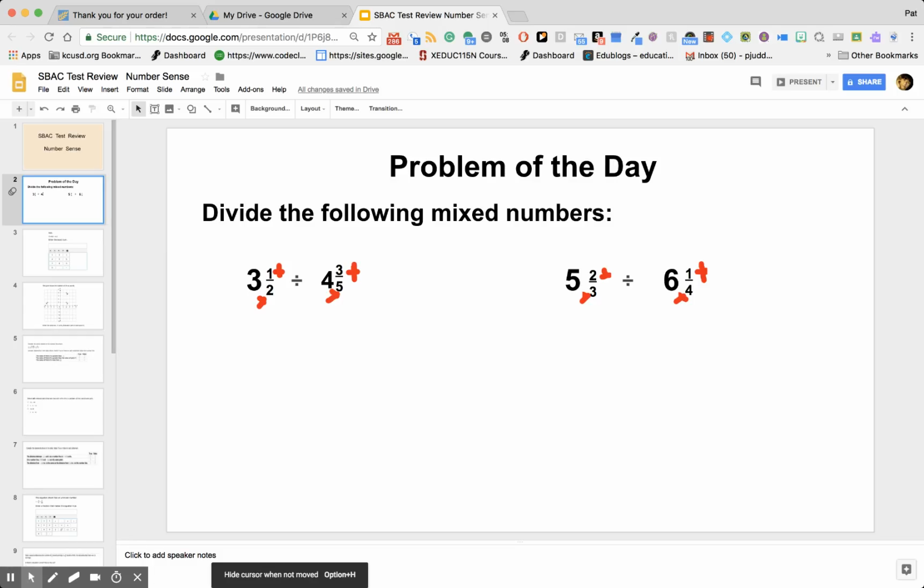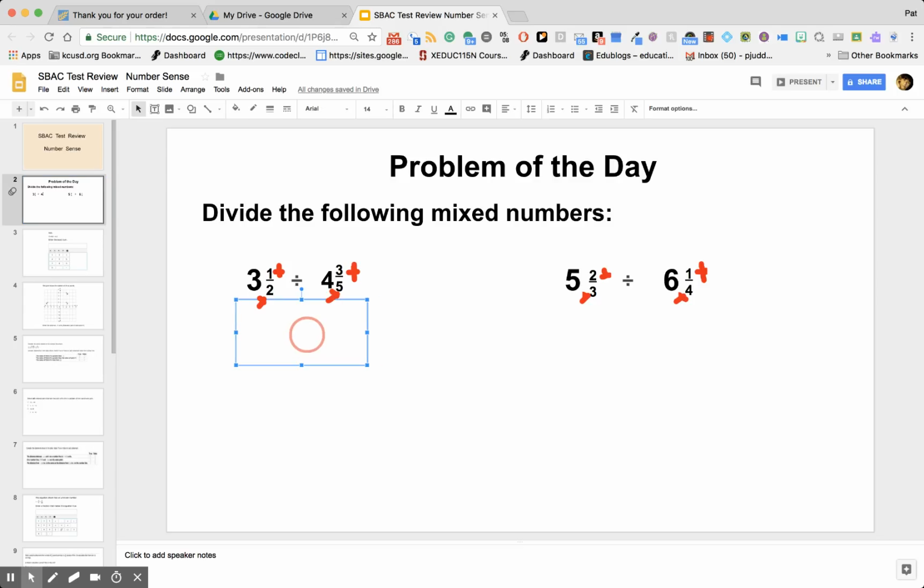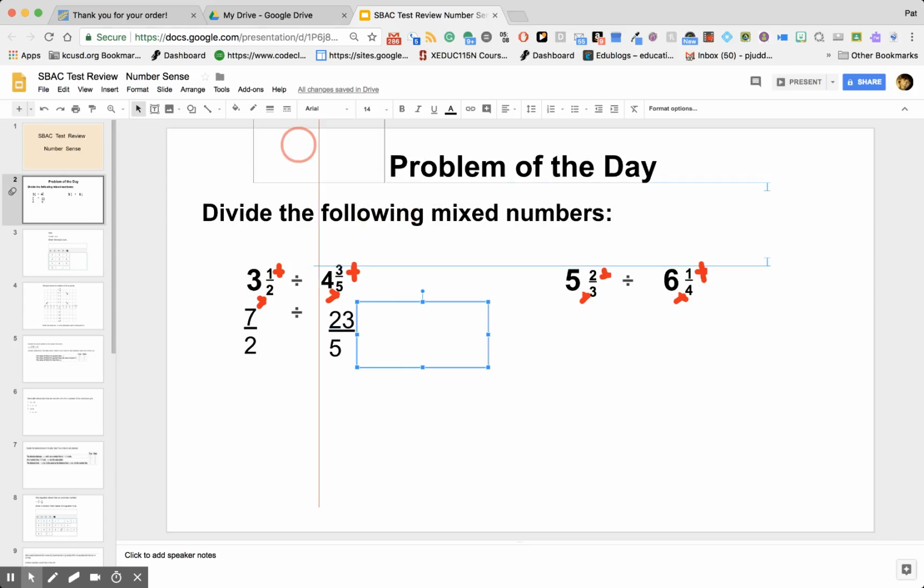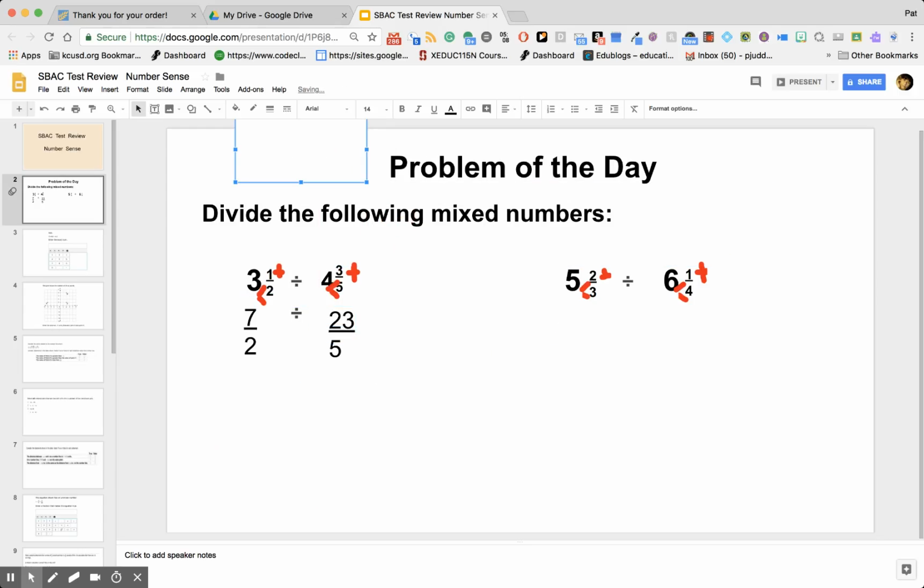Okay, so let's check and see how you did on this side. 3 1/2 divided by 4 3/5. You should have 7/2 divided by 23/5.